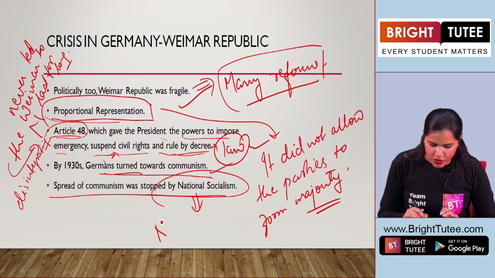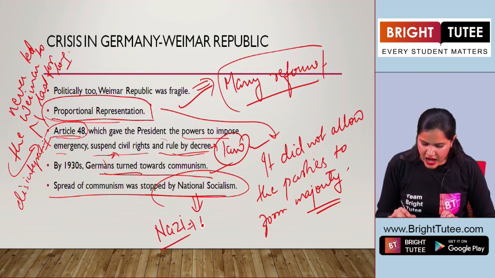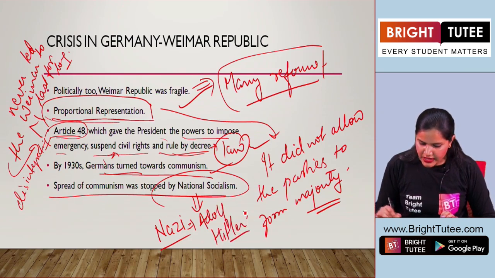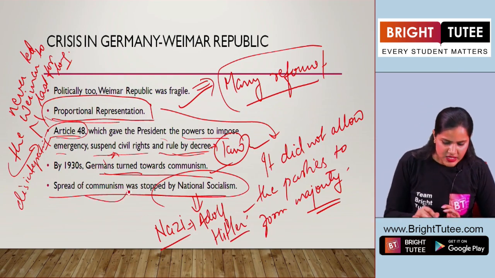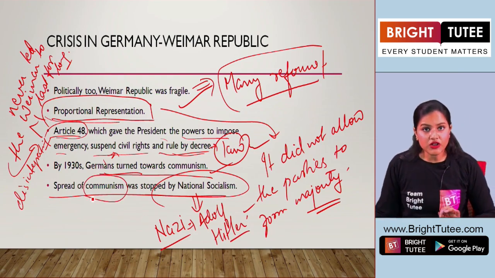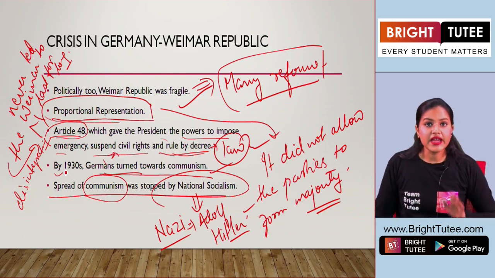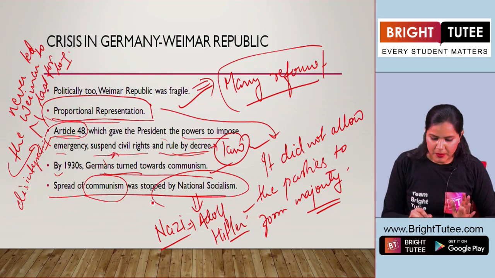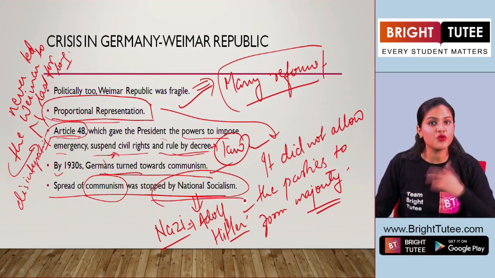Today we know this as Nazi, right students? And Adolf Hitler became the popular leader of the Nazi party. So here we see that this whole ideology of communism, being spread by the 1930s, finally got stopped by National Socialism, the Nazi party that we are going to learn about.